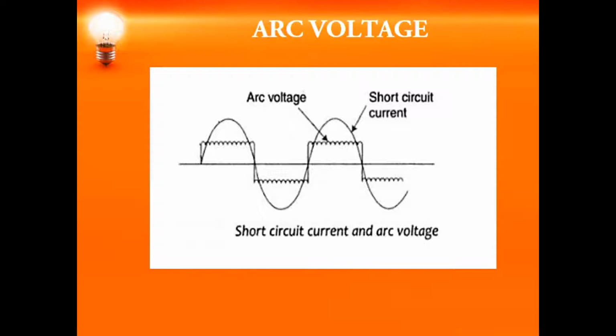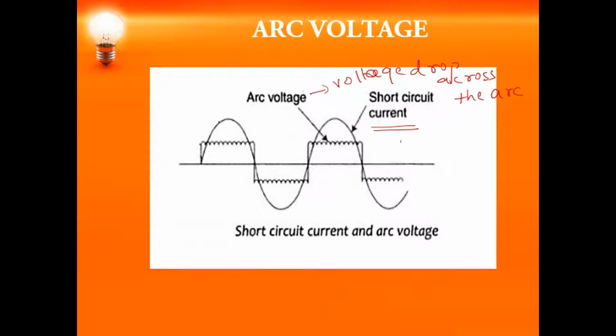The voltage which is across the arc, or the voltage drop across the arc, you call it as arc voltage. And the fault current, or the short circuit current, if you see, it is in phase with the arc voltage.